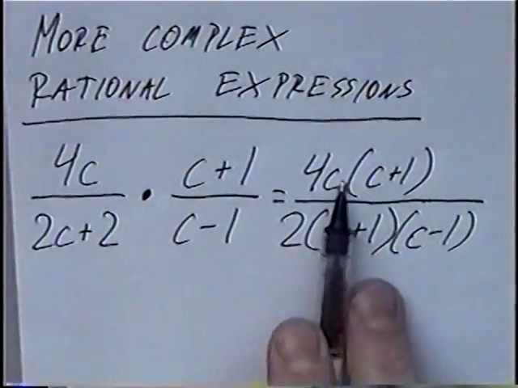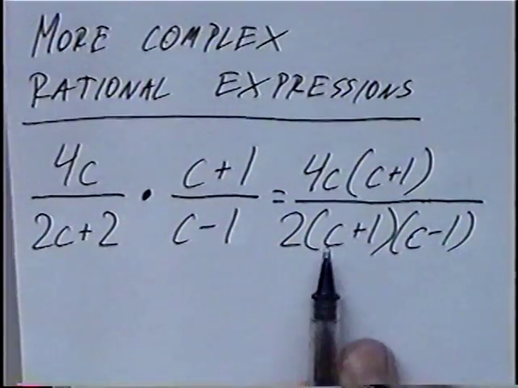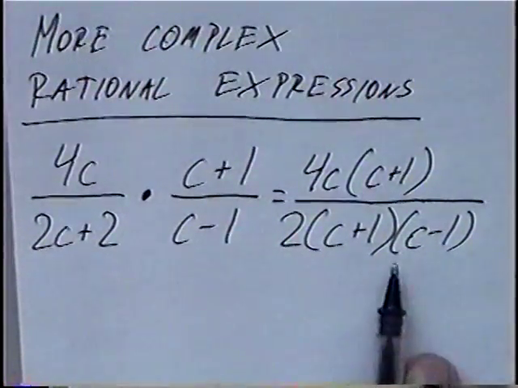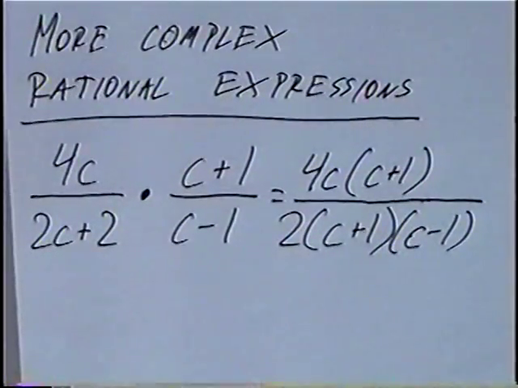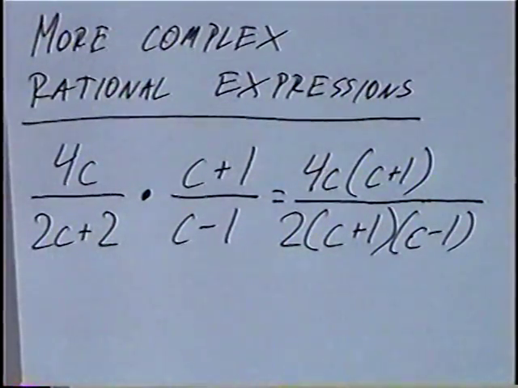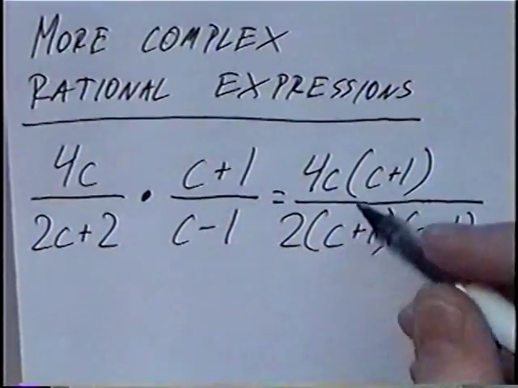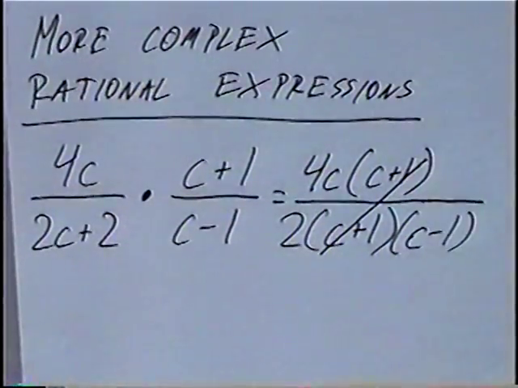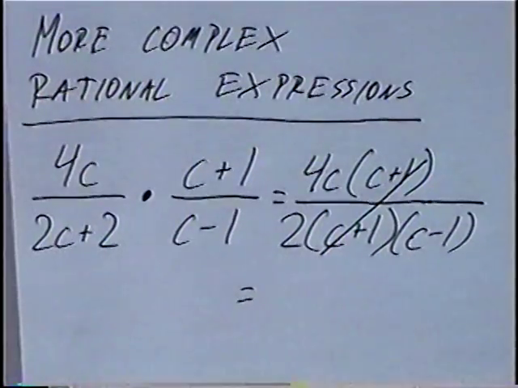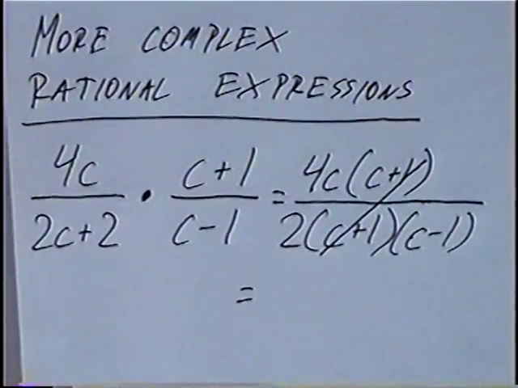So multiplying again, we can multiply straight across, factor when possible. When we have a single fraction, we can see if we can cancel any factors out. For example, the parentheses c plus 1 and c plus 1 both match up exactly, so we can cancel or divide those. For a final answer, we want to reduce when possible.